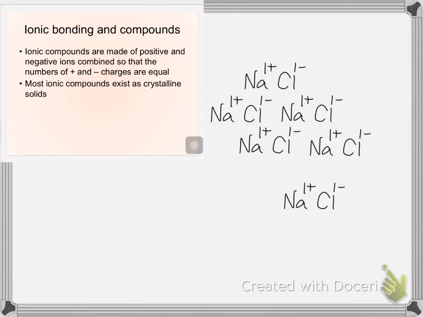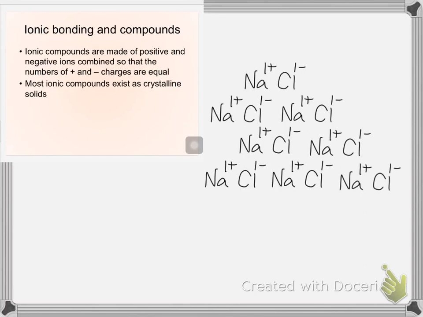And what we get is something that ends up, and mine is going to be uneven because of the limitations of my drawing here, looking like this huge network of positive and negative charges.